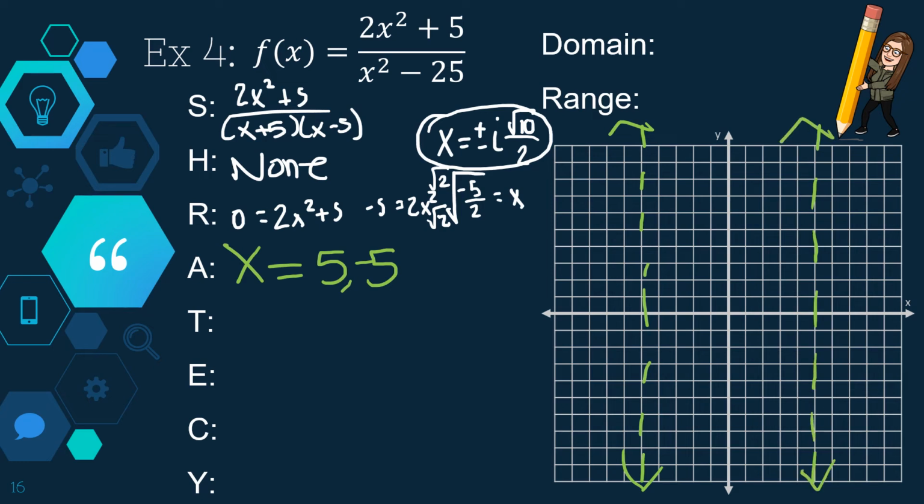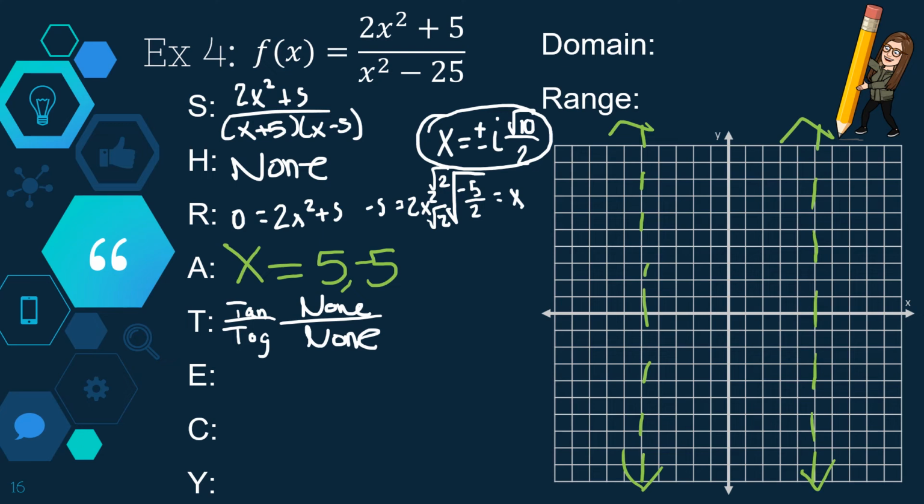This is new. Tangency or togetherness. Do I have the same factor on top? None. Do I have the same factor on bottom? Nope. No tangency, no togetherness.